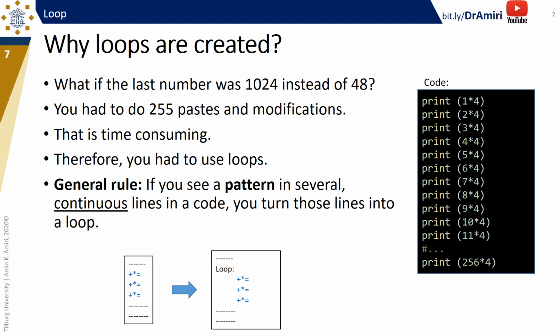And that's why loops are created, because as programmers we are lazy. We want to do a task and spend as little time as possible. The general rule is that if you see a pattern in several continuous lines in a code, you turn those lines into a loop.